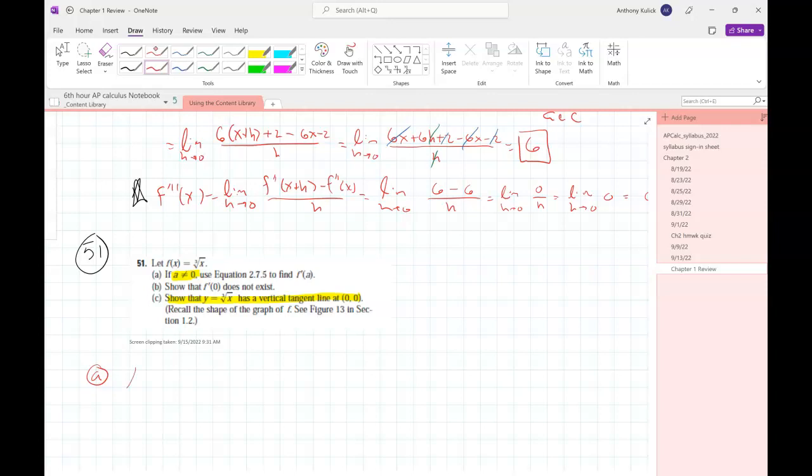This asked us to use the alternative formula. Is that what 2.7.5 is? I couldn't find that equation. It would have been in section 2.7 and then equation number 5, at the bottom of page 146. It would have been a red box with a 5 next to that formula.